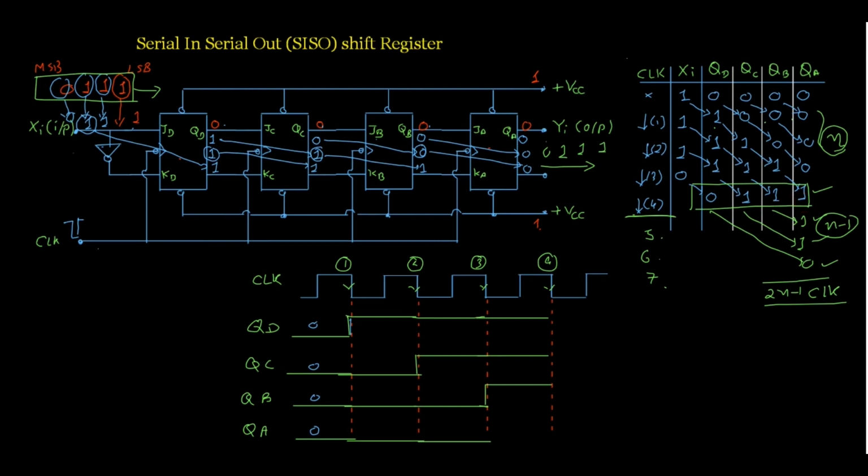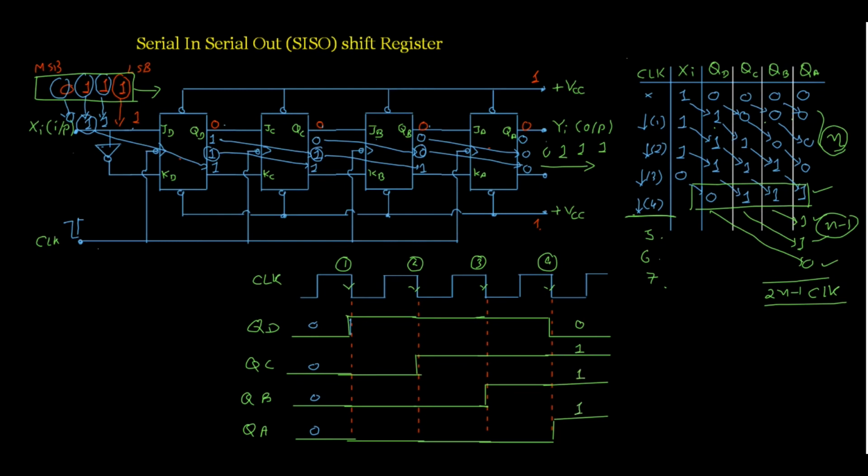So if we see this waveform, with the fourth clock pulse QD becomes 0. Then this remains high, this is also remaining high, and with the fourth clock pulse this becomes high too. So now the output QD to QA is 0, 1, 1, 1.